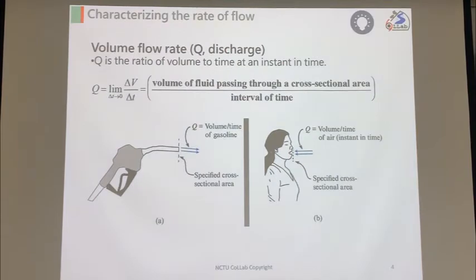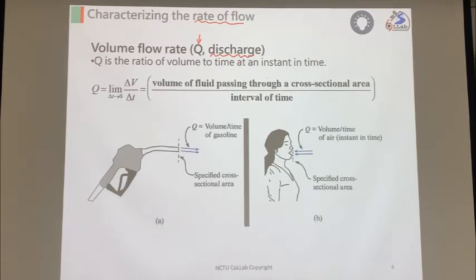So what is the definition of the rate of flow? A famous parameter is the volume flow rate. Here it is Q, and usually we call it the discharge.